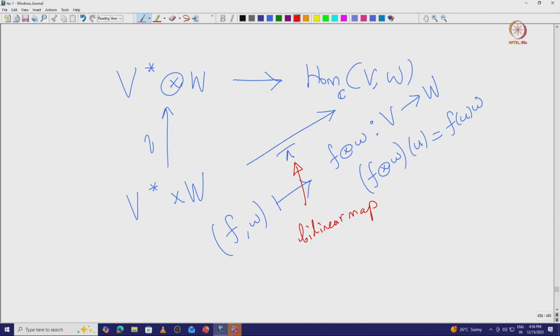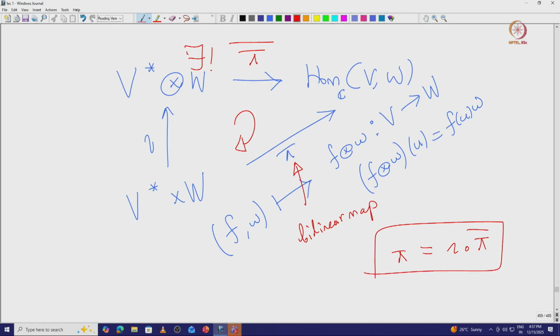Since this is a bilinear map, it extends to pi bar such that this diagram commutes. There exists a unique pi bar such that pi is given by iota composed with pi bar.